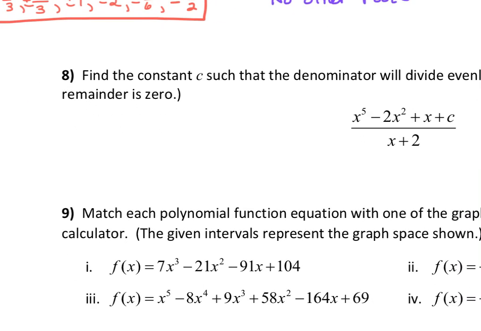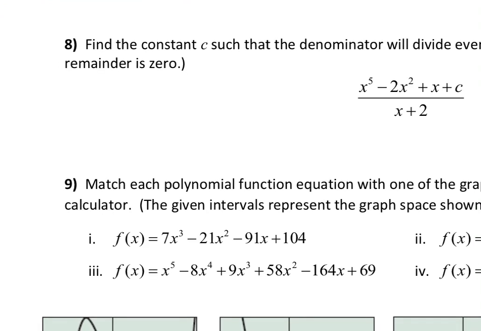So number 8 is kind of like the problem on the synthetic division homework. I think that was homework number 1. It was the last problem, where you're looking to find a number. The constant is just a number to replace the c there that's going to divide evenly, or make x plus 2 divide evenly into the polynomial on top, and that means you're going to have a remainder of 0.